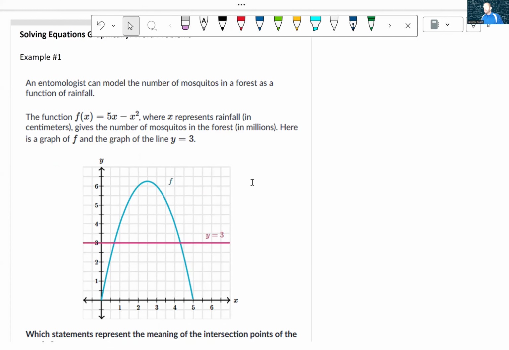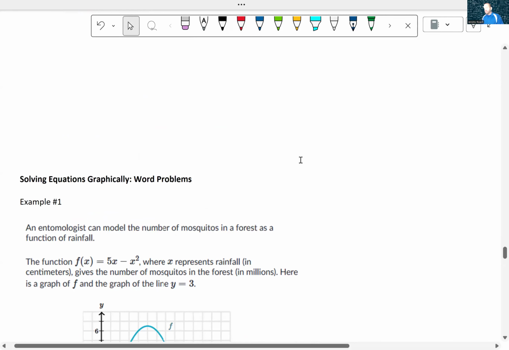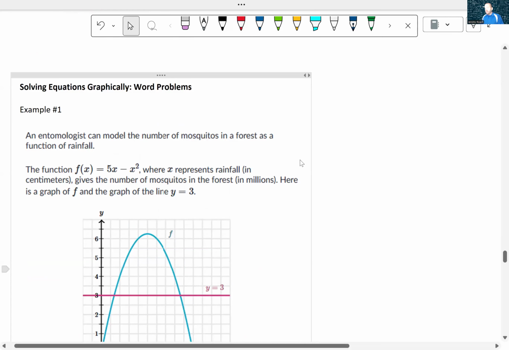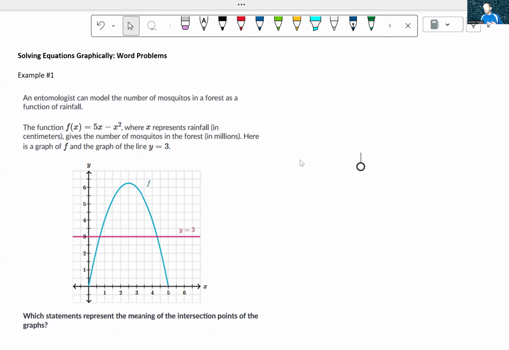All right, so that was just some Desmos review, and we're just going to do a couple of these ones for Desmos. The last part of this is solving word problems graphically. For these word problems, we need to figure out what x represents and what y represents.